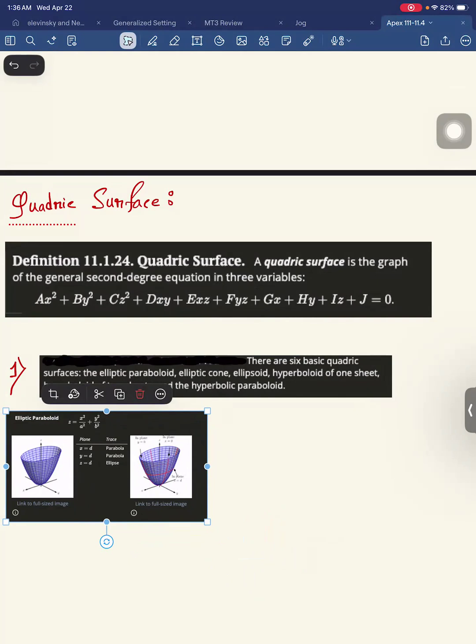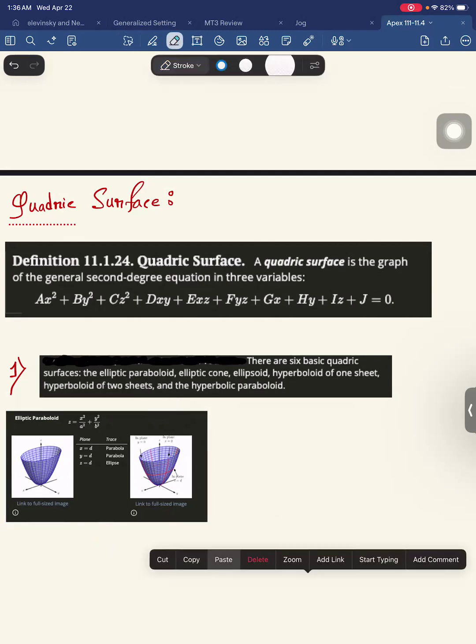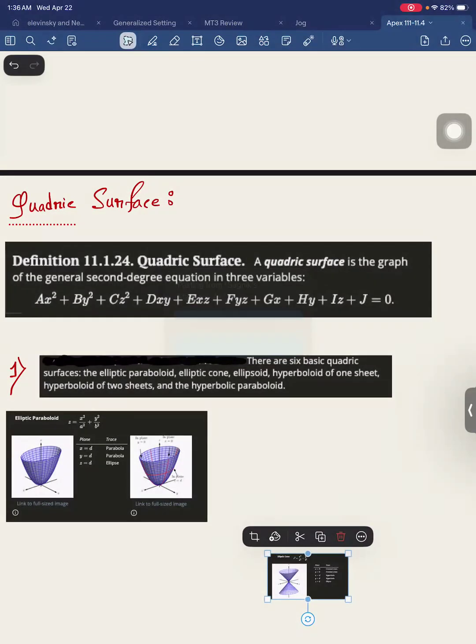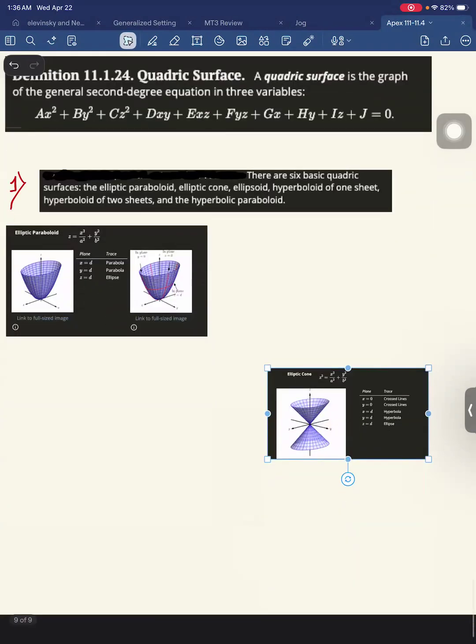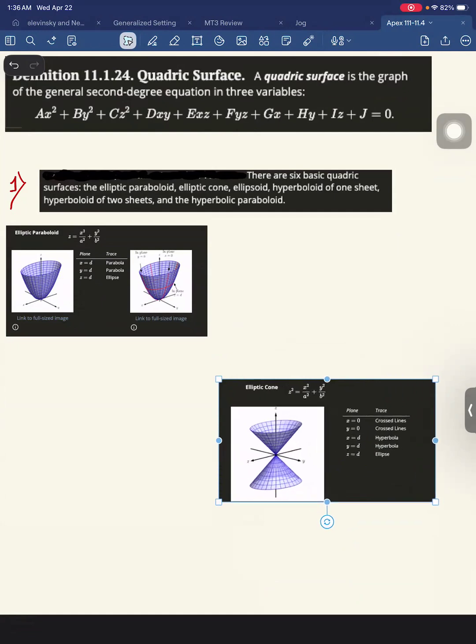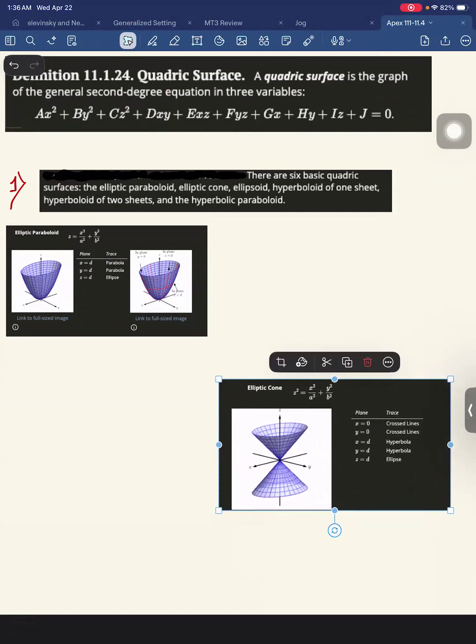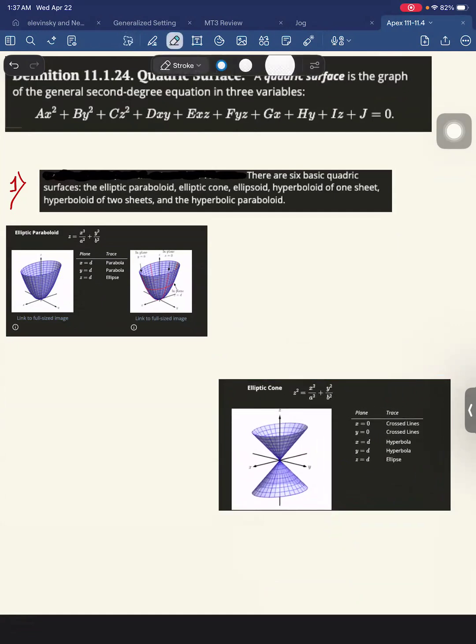Then the elliptic cone has this equation. So the difference is between z and z squared. That's it.